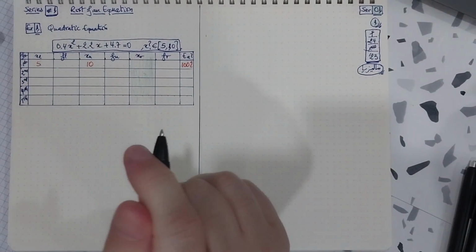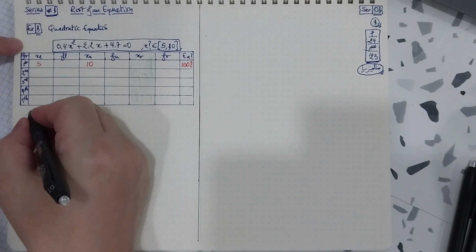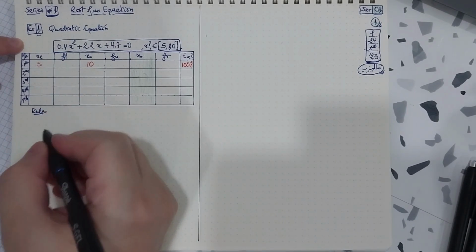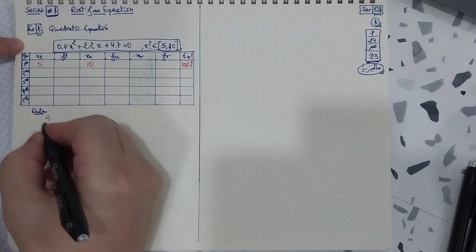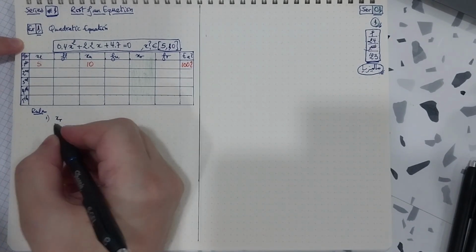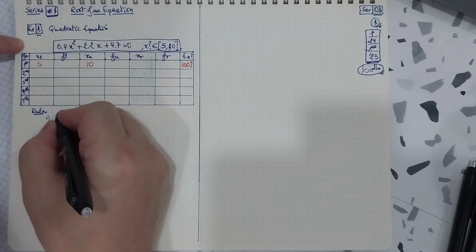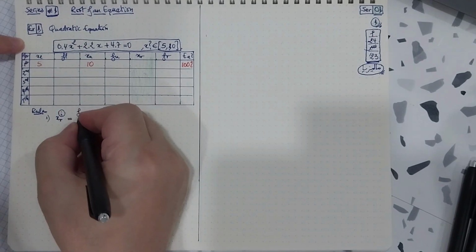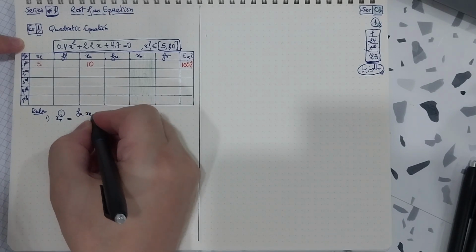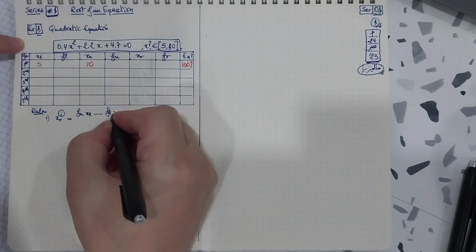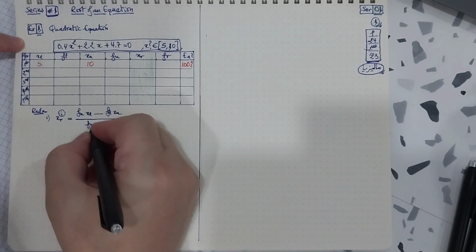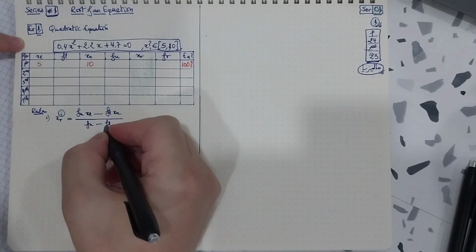But before that, let's recall the 3 rules of the method. The first is the false point. The formula of the false point, very simple: Fu xl minus Fl xu over Fu minus Fl.